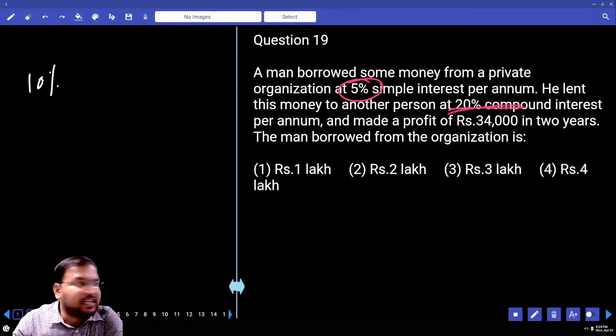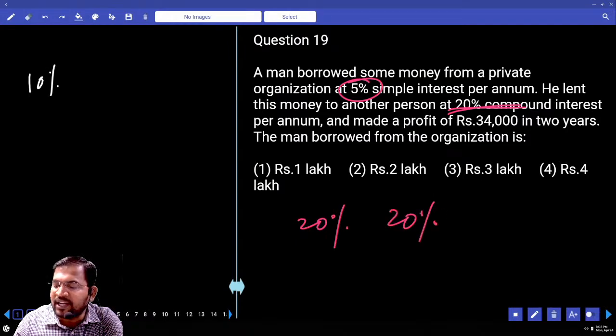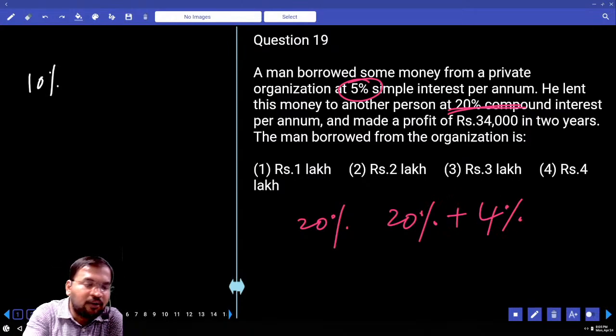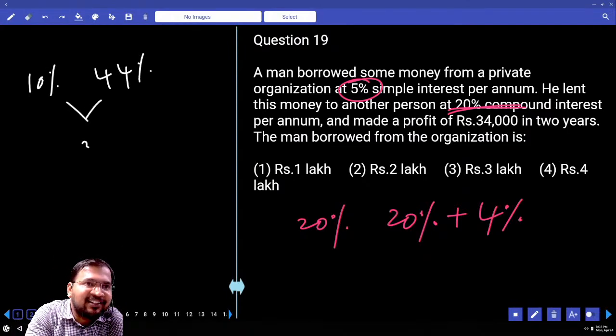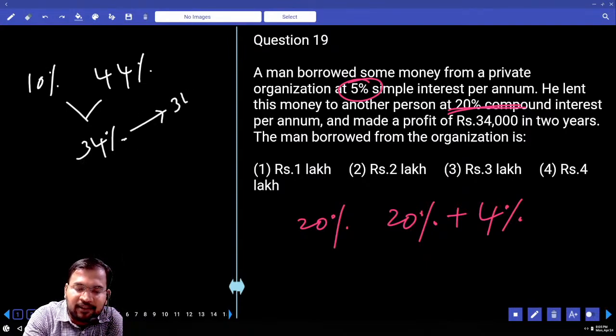Compound interest 20%: first year 20%, second year 20% plus 20% of 20%, which is 4, and the total is 44%. I borrowed at simple interest 10% and lent at 44%. The difference is my profit, 34%. 34% is nothing but 34,000.